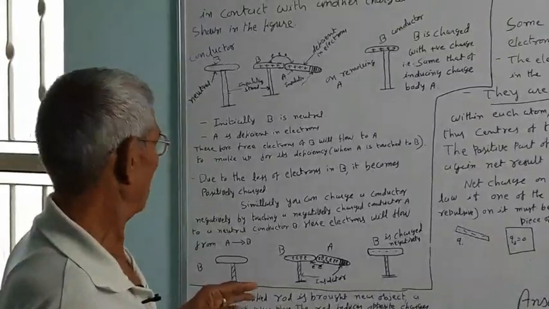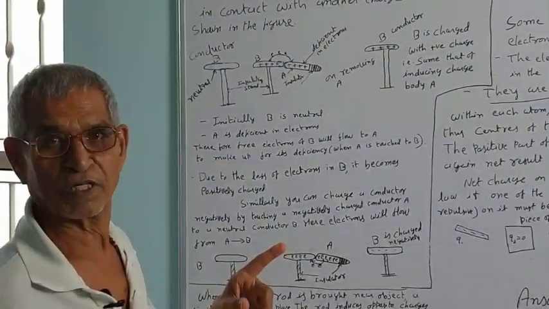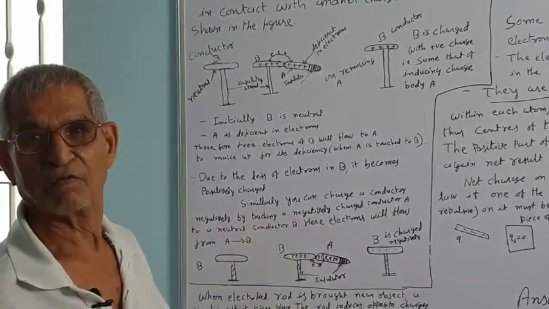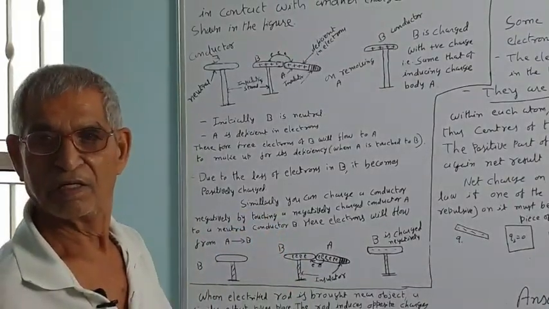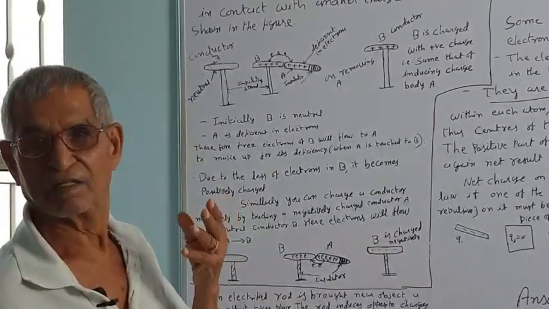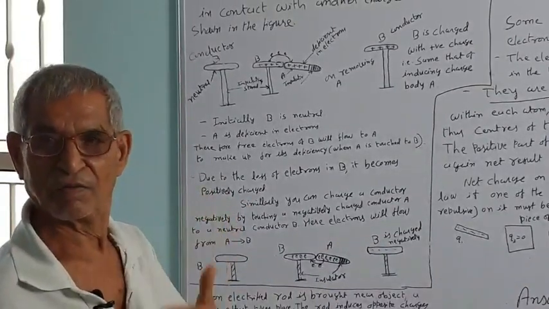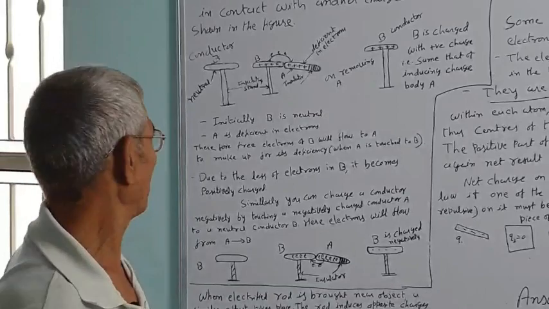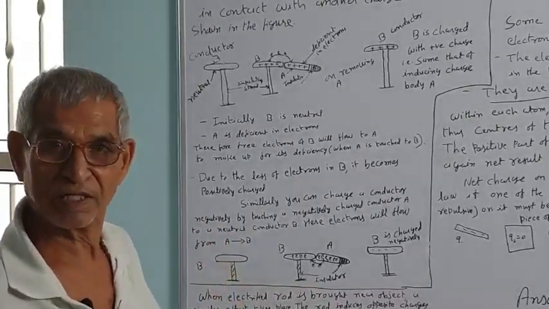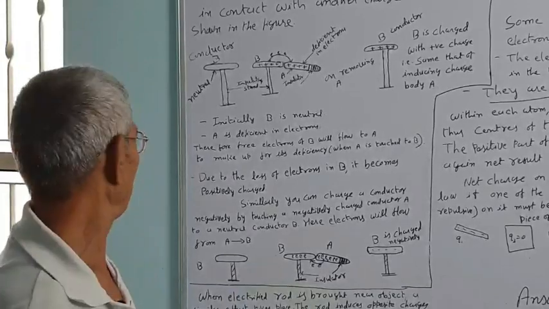Correct? Earth is at zero potential. So if a positively charged conductor is connected with the earth, electrons will come from the earth and neutralize it. If a negatively charged conductor is connected with the earth, electrons will flow into the earth.